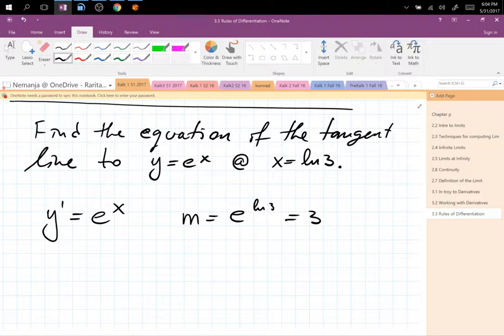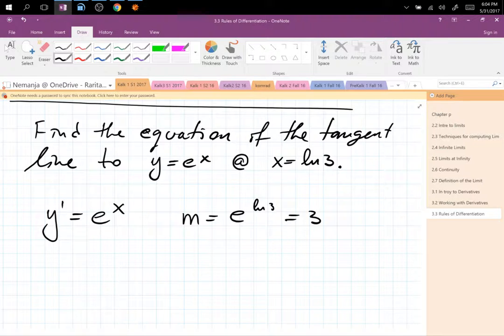So all it is, we learned last time, except last time we didn't know how to find derivatives quickly and efficiently. We had to use the limit and all of that stuff to get the derivative. And then we plug in the x value and we find the slope. Now we know how to find derivatives quickly, so we can just find the derivative quickly, plug in x, and we immediately have the slope.